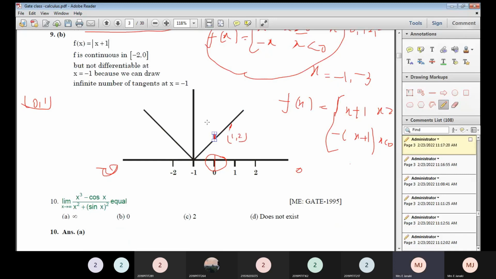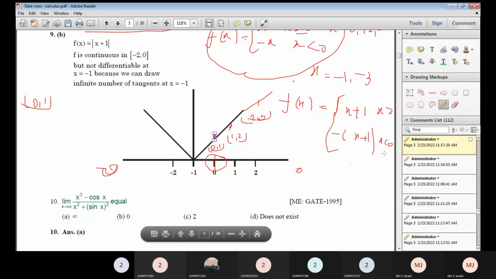Next, x equal to 2 gives the point 2, 3, and then 3, 4. You can extend.